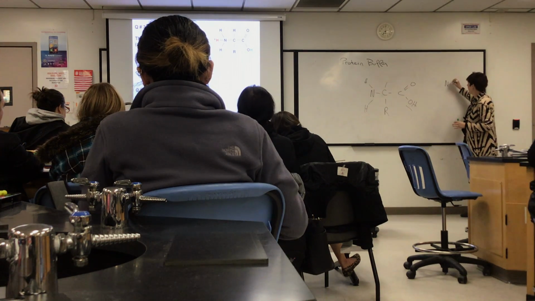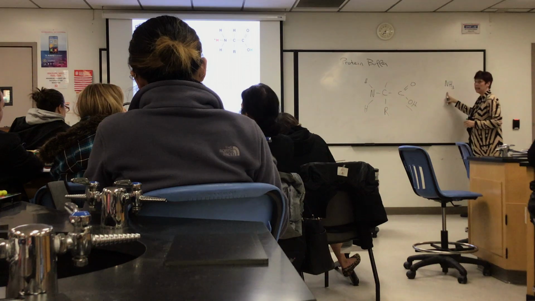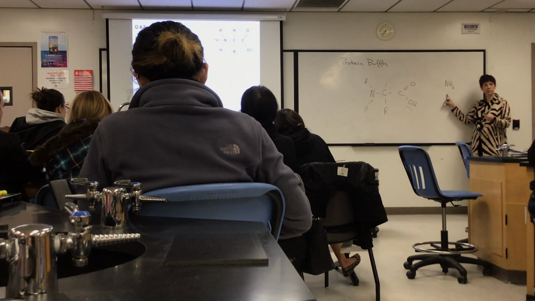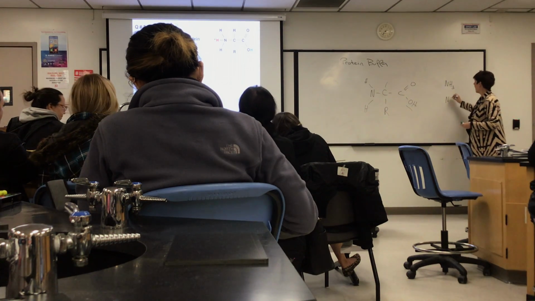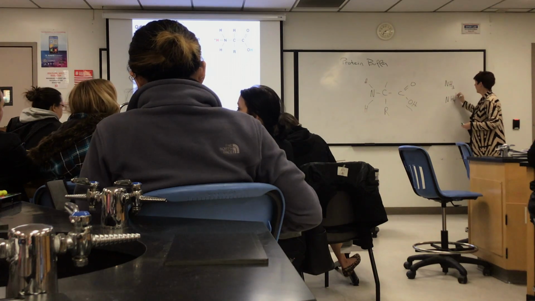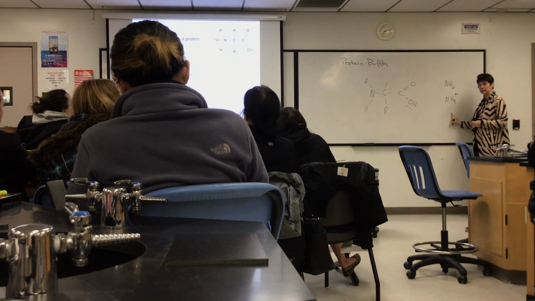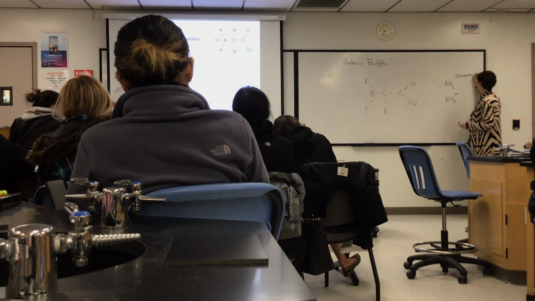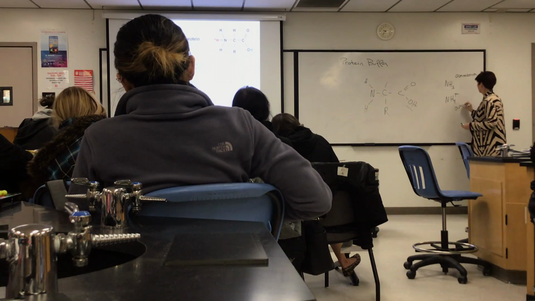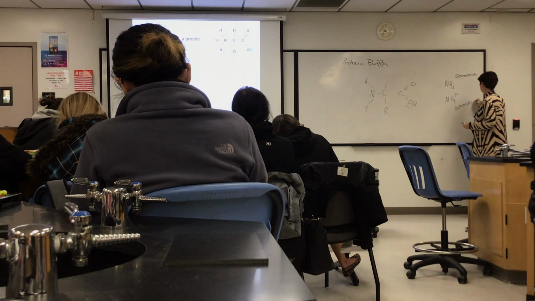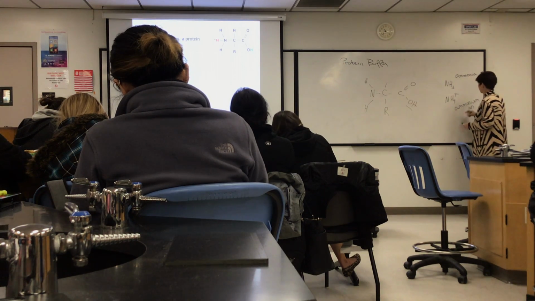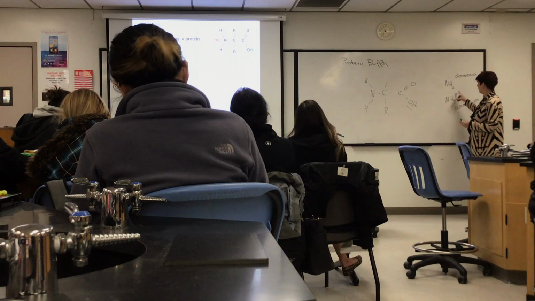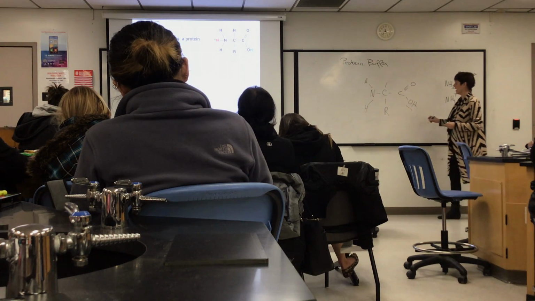If you have nitrogen all by itself, it's written like this, it's an ammonia group, all right? If we add a fourth hydrogen, this becomes an ammonium ion. All right, so this is ammonia. And this is an ammonium ion, okay? So that adds an extra charge, okay?